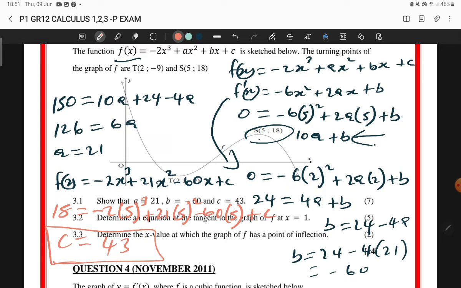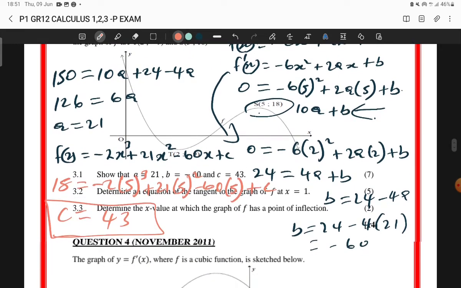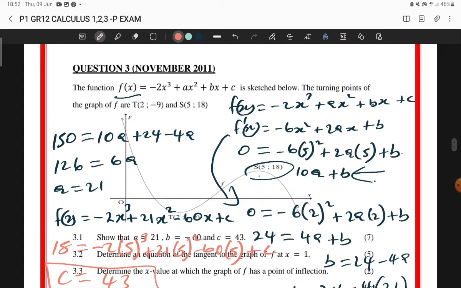So we did solve that, and it was not easy. And for 7 marks, I think there is a way of doing it which is shorter than this one, but I'm not sure. This is how it is. So the idea is to know how to use these turning points, because we just have to derive our equation, then set its derivative equal to 0, because we know that at the turning point the derivative is equal to 0.